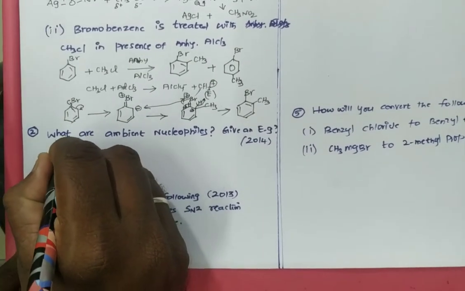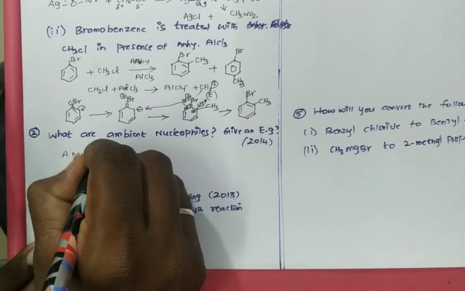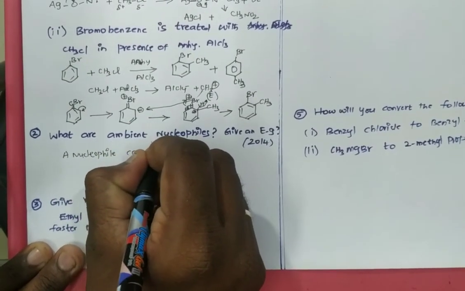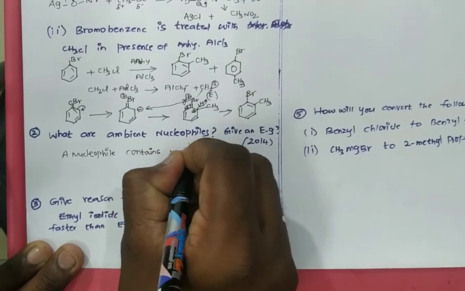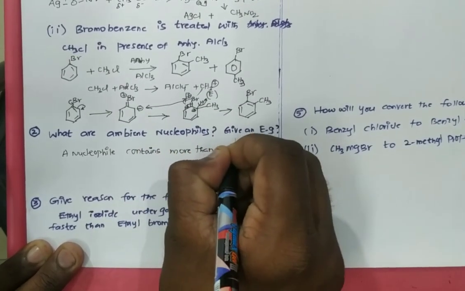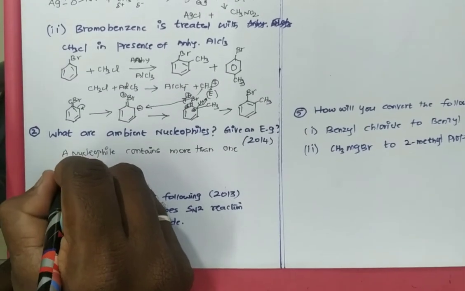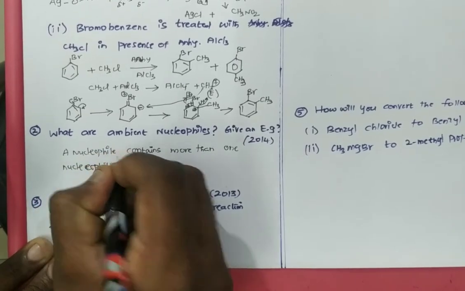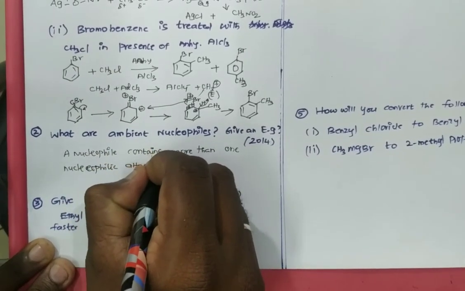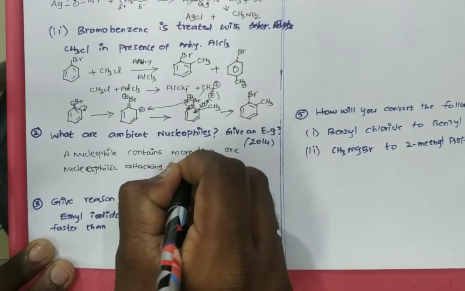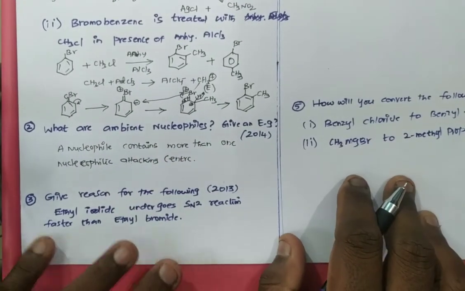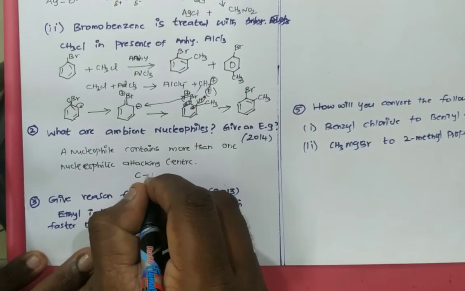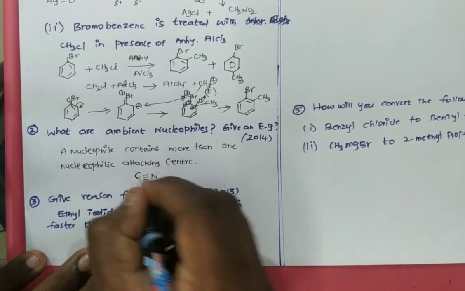So the nucleophile that contains more than one nucleophilic attacking center will be called an ambident nucleophile. Here, suppose I am having CN, C triple bond N, the cyanide group.